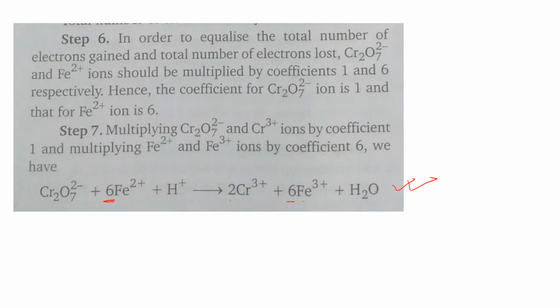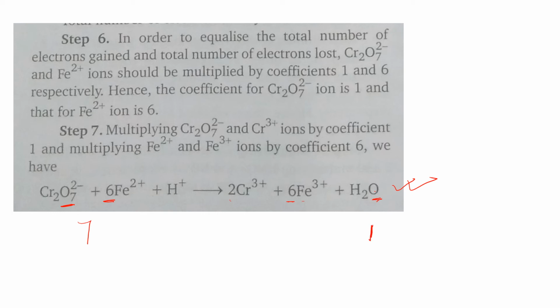Now I have to see for oxygen and hydrogen. This is in the acidic medium, so I have to see how many oxygens are there on the left hand side and the right hand side. On the left hand side there are 7 oxygens, and on the right hand side only 1.